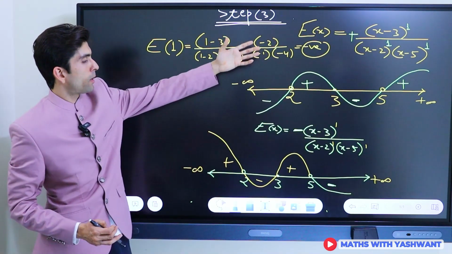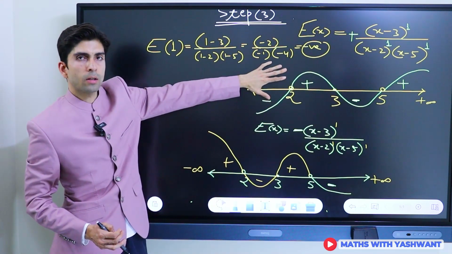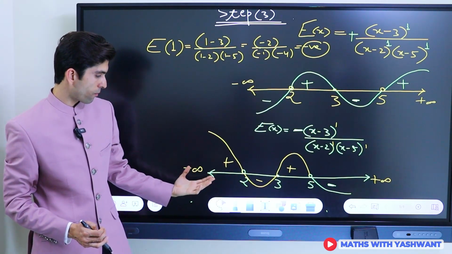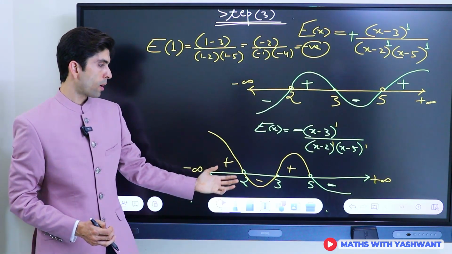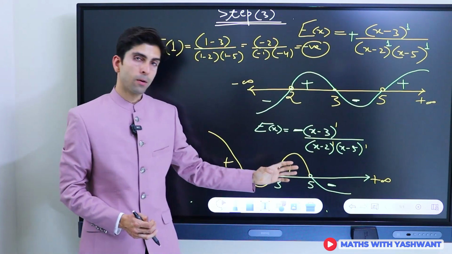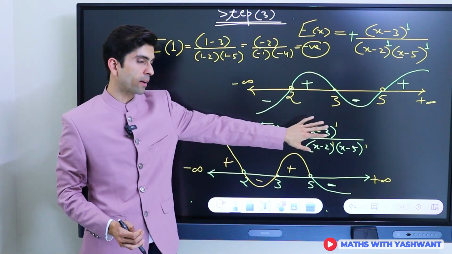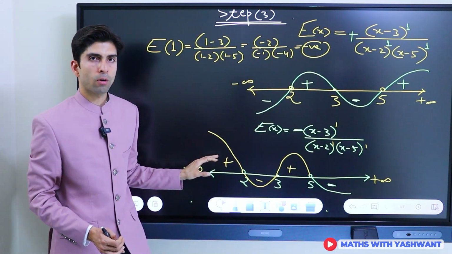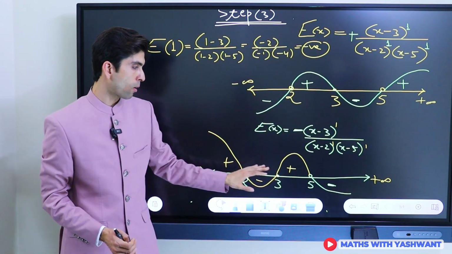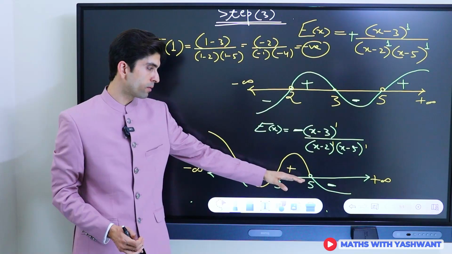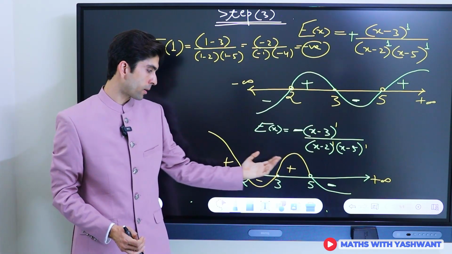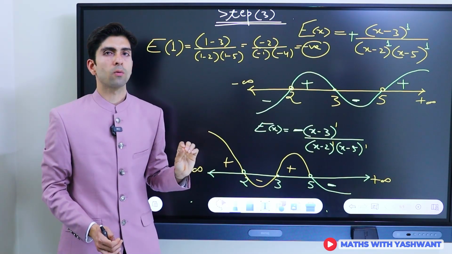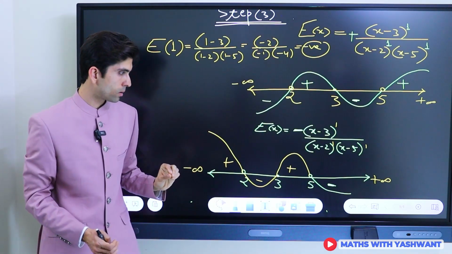Similarly, as in the previous scenario, if you take any value of x from negative infinity to 2 and from 3 to 5 and put it in our expression, you will find that this expression will generate a positive value or a positive output, because for these values of x the wavy curve is above the number line, and the plus sign is a way to represent that the curve will generate only positive values for these values of x.